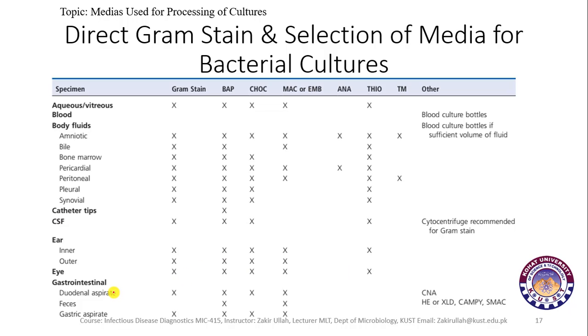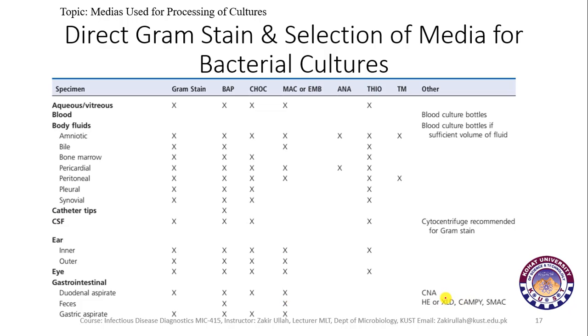The gastrointestinal samples: if a duodenal aspirate or gastric aspirate is received, then both aspirates are inoculated on sheep blood agar and chocolate agar along with McConkey or EMB agar.